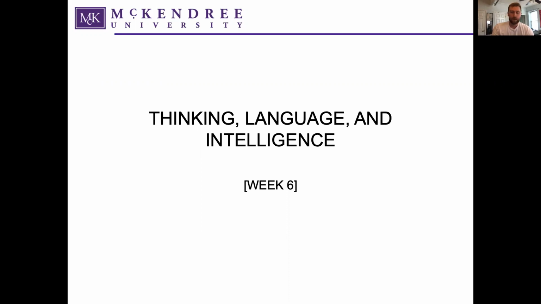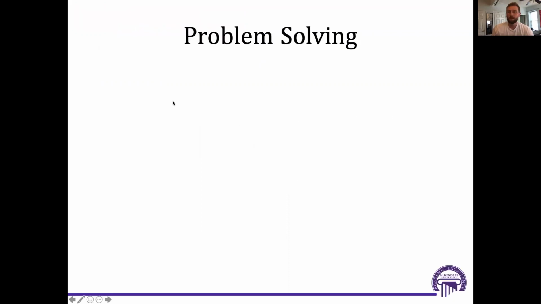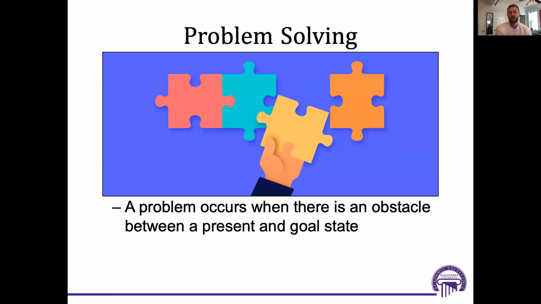Okay, so let's talk about thinking in this video. First, we're going to talk about thinking and specifically problem solving. And so first of all, what do we mean whenever we're talking about problem solving? What is a problem? A problem occurs whenever there is an obstacle between a present and goal state.